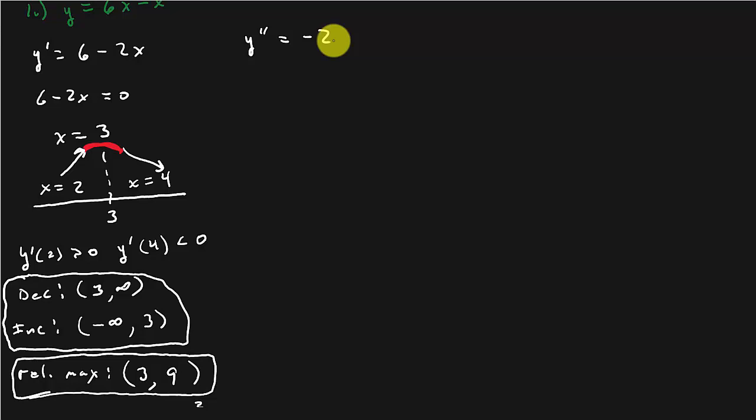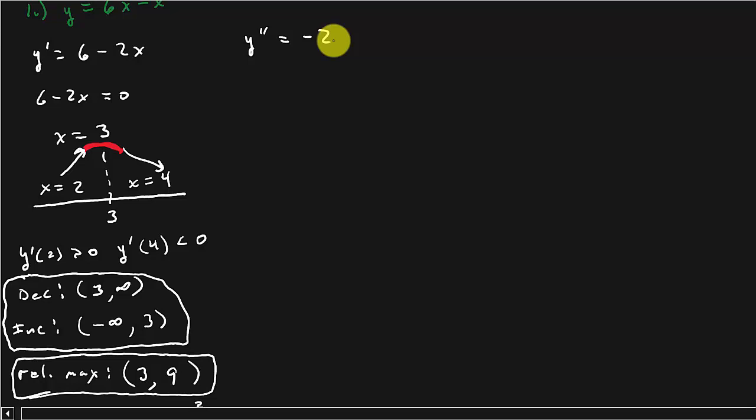So what do we do now? Well, it's basically saying the second derivative is negative, no matter what you plug in. It doesn't matter what number we plug in here. We can evaluate y double prime at any number we want, and we're always going to get -2 as an answer. It's always going to be negative.